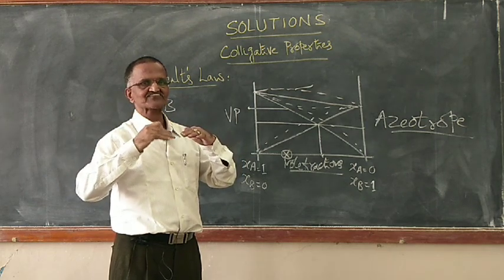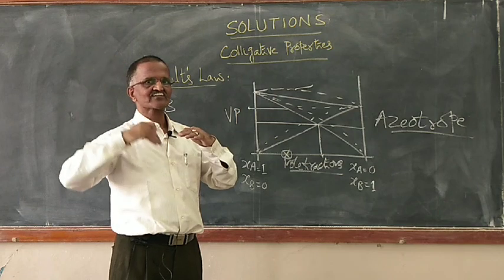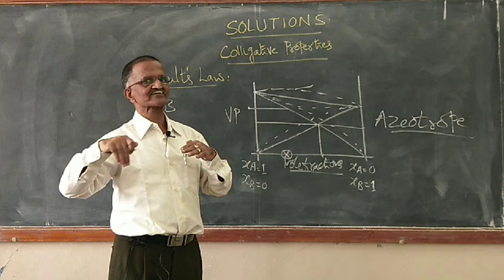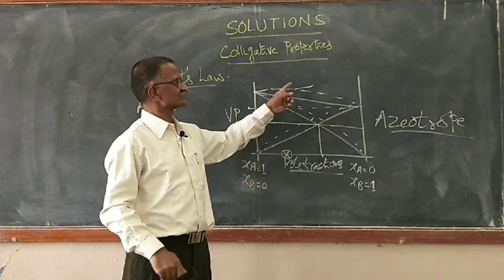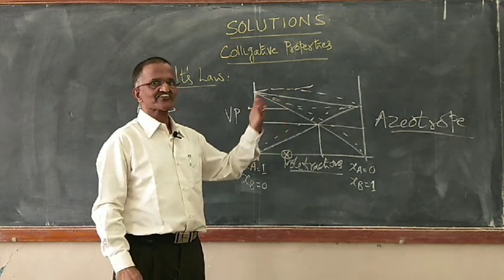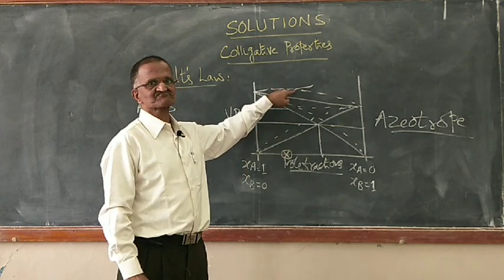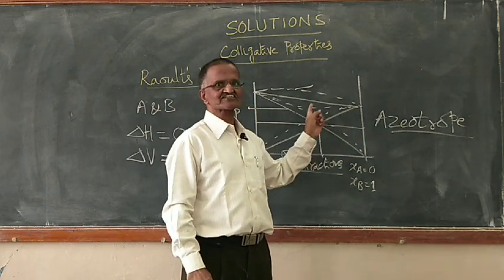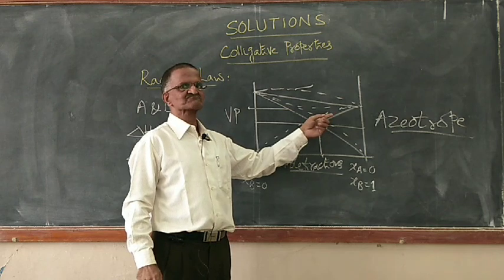Now tell me, will it happen at a higher temperature or a lower temperature? It will happen at a lower temperature. So the mixture whose components have repulsions will have a lower boiling point than expected. Why? Positive deviation. Then I say it is a lower boiling mixture.